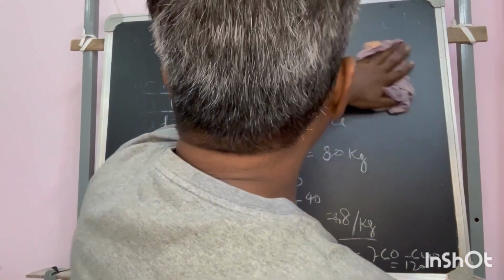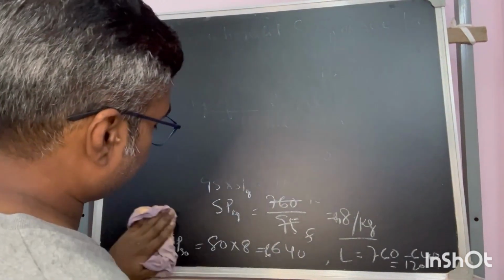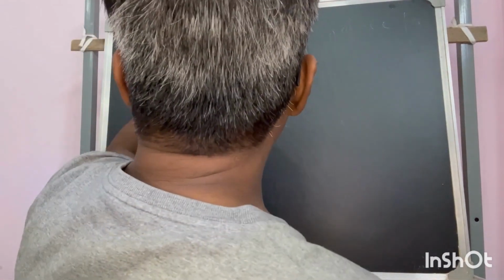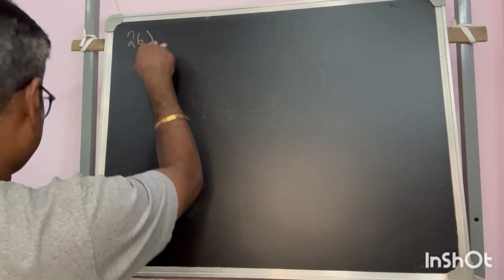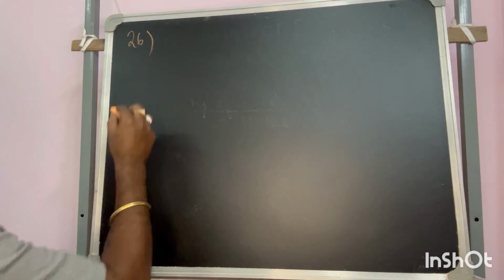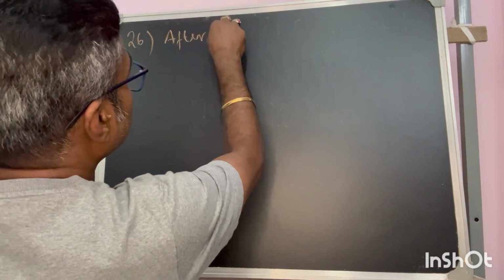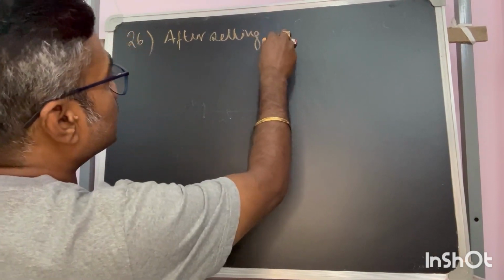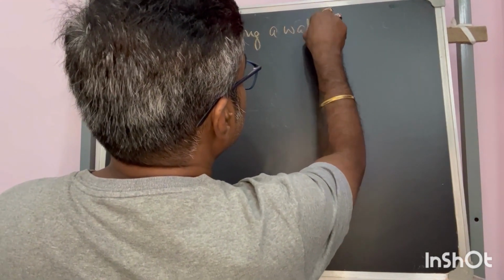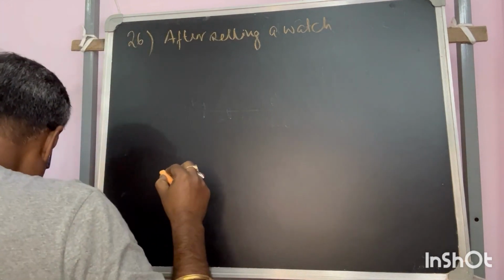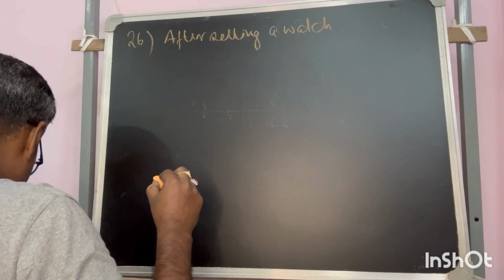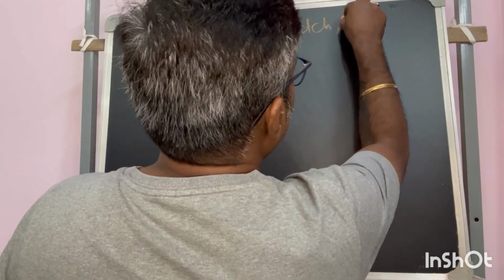Moving to problem number 26. After selling a watch, Mihir found that he had made a loss of 12%.